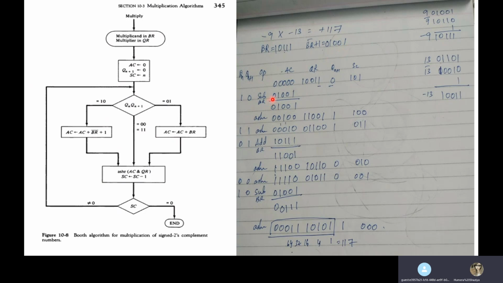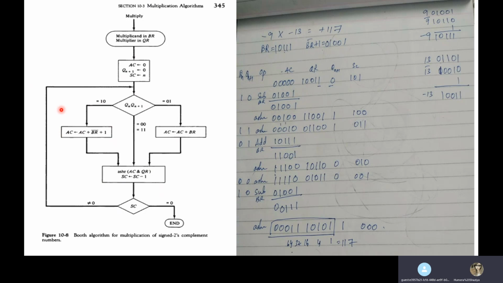So you put 0 1 0 0 1 here under AC, and you perform AC plus BR bar plus 1. The result you obtain is 0 1 0 0 1, which is the sum of AC and BR bar plus 1.